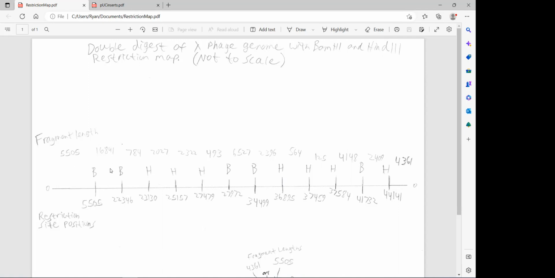Oh, 16,000. Okay. So because we have both BAM and HIND on the same line, this is going to tell us the exact fragment length when you have combined all of the different cuts.